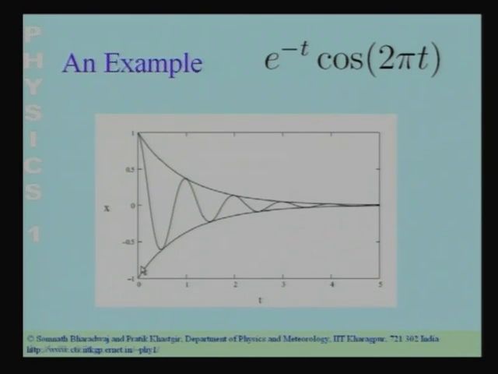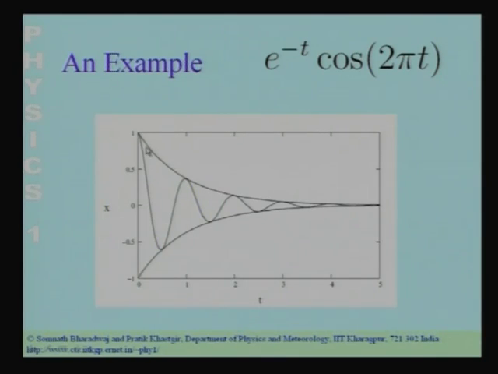The amplitude of this oscillation at time t equal to 0 is 1. Now, let us ask the question, what is the time period of this oscillation? This oscillation has omega equal to 2 pi. The time period is 2 pi by omega, so the time period is 1. So, we have to also look at the amplitude of the oscillation at t equal to 1.